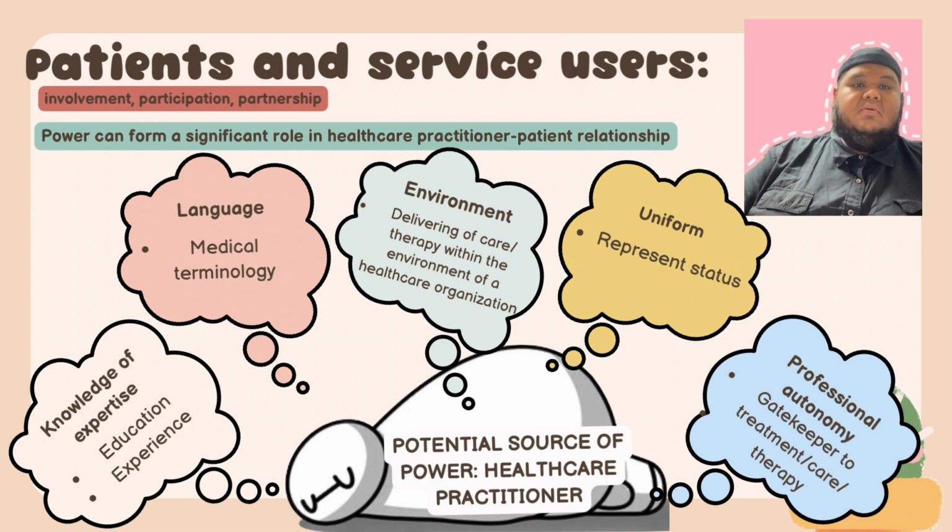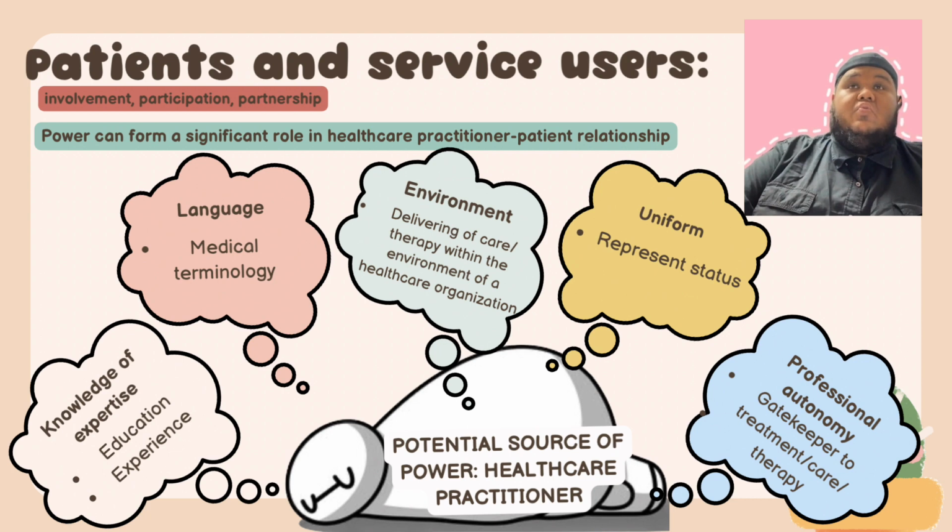And the environment, the delivery of care and therapy within the environment of a healthcare organization, which they are comfortable with. For uniform, they represent status. Uniform may also play a main role. When we see the nurse uniform, we know that they are nurses. So when we get to the treatment room, we see a different type of uniform, we know that it is a doctor.